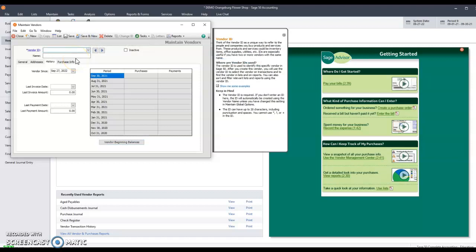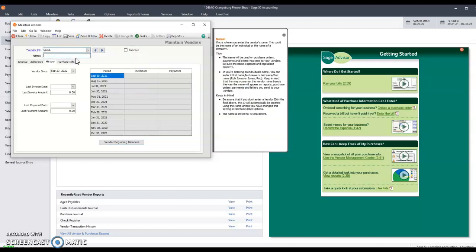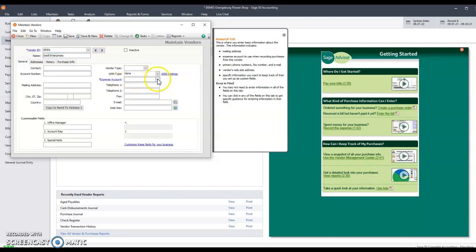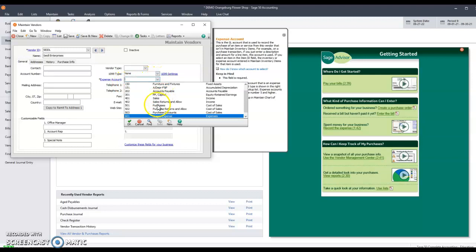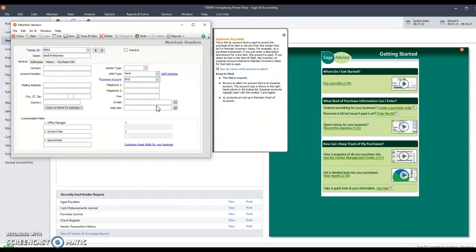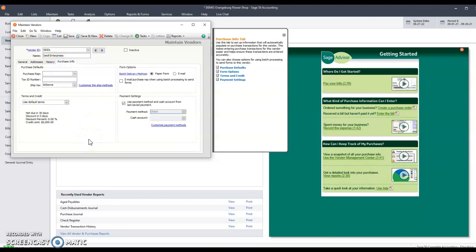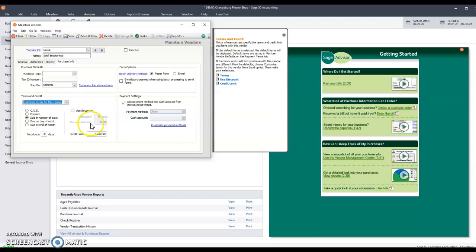Okay, next one is Seidel Enterprises, and they're also purchases. We purchase inventory from them. The terms for that company are 2/15 net 30. So I'm going to go into customize.